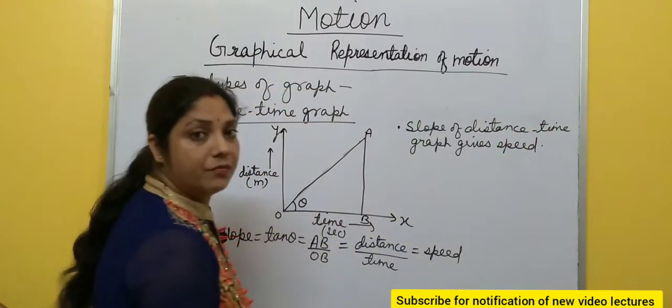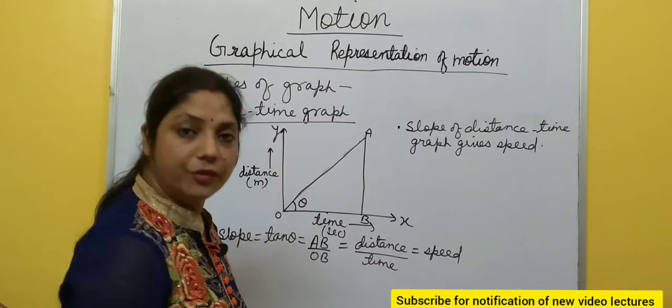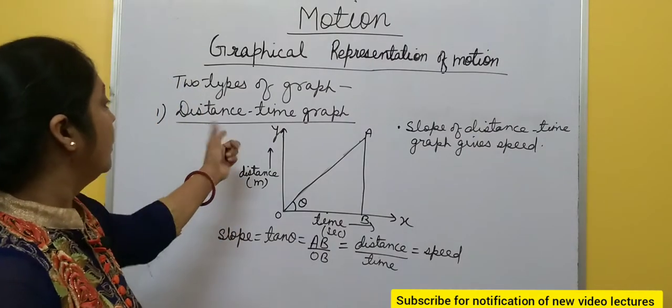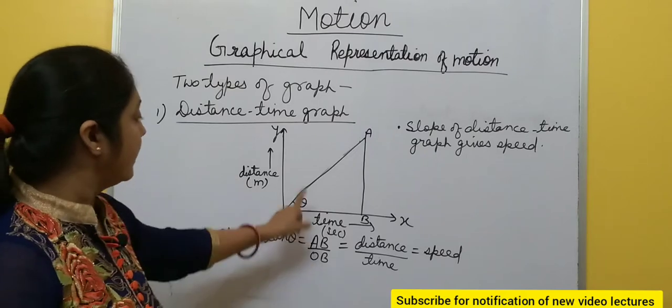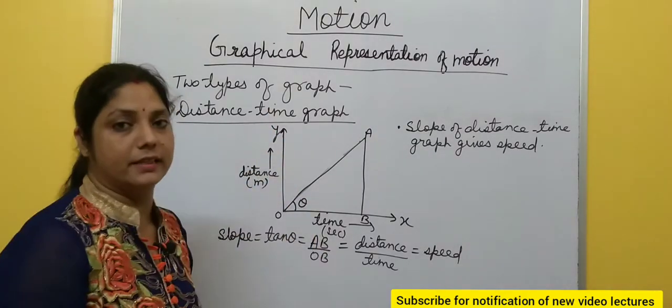In the same way, the slope of the displacement time graph gives velocity. Now, to discuss the distance time graph, we always take distance along the y-axis and time along the x-axis.